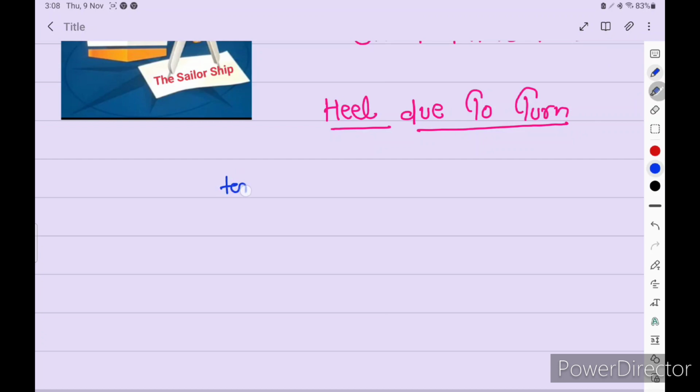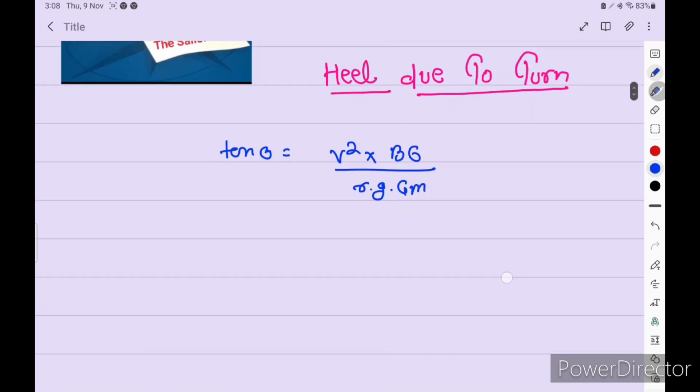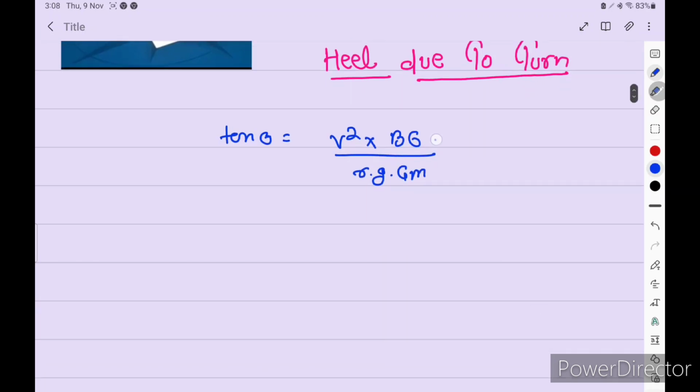One is tan theta is equal to v square into BG divided by r into g into metacentric height GM. Now what is BG? BG is equal to KG minus KB, and KB is draft by 2.